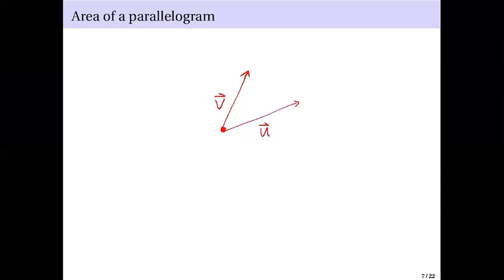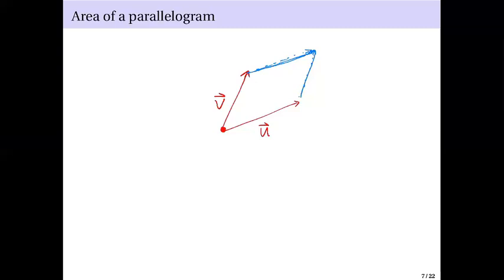So if we construct the parallelogram, it will be something like this. And our goal is to find the area of this parallelogram.